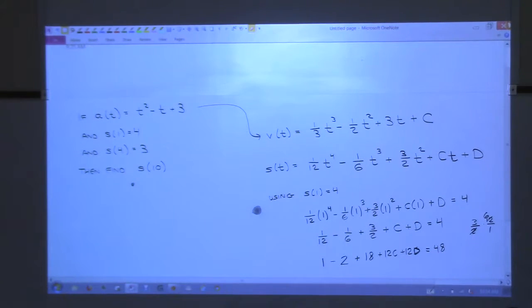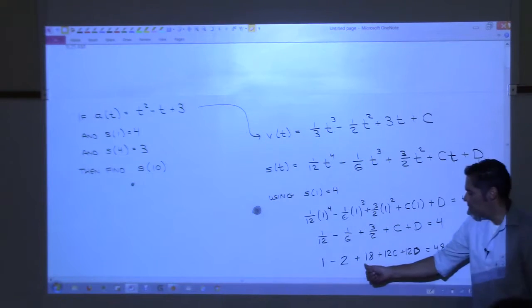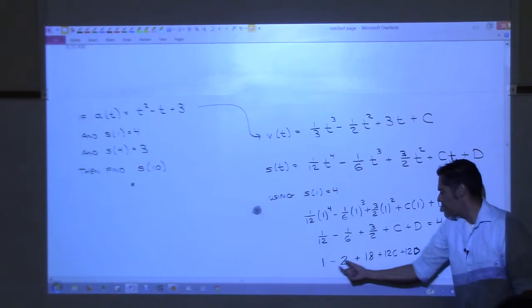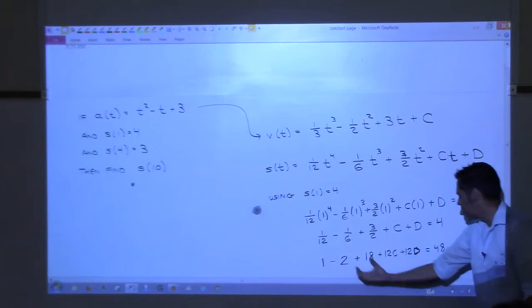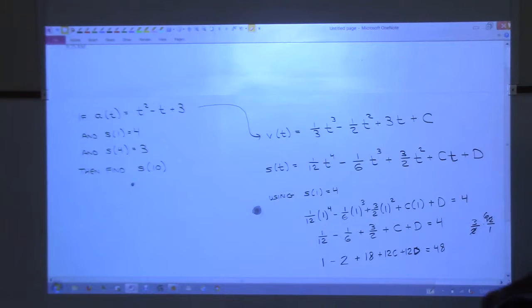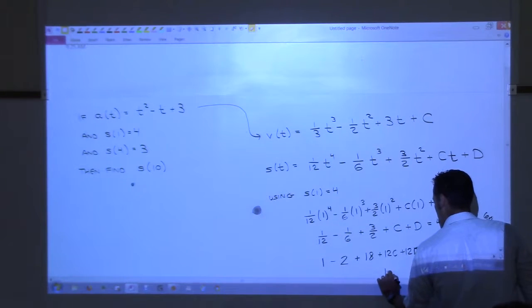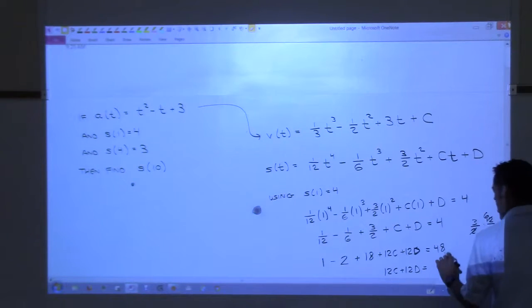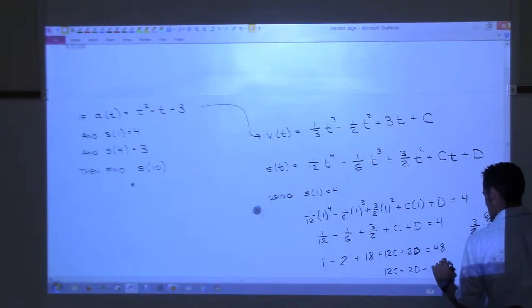And to me, it's just easier to work with the numbers like this. So put these together. This is going to be 17 over here, right? And then I'm going to subtract 17 on both sides. So I'm going to get 12c plus 12d equals 31.